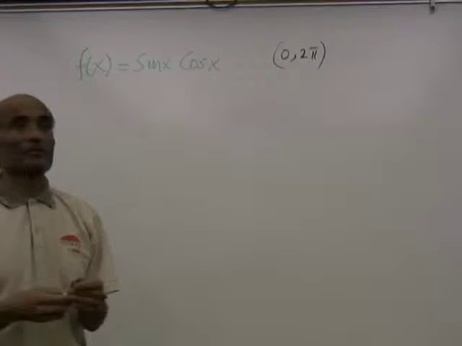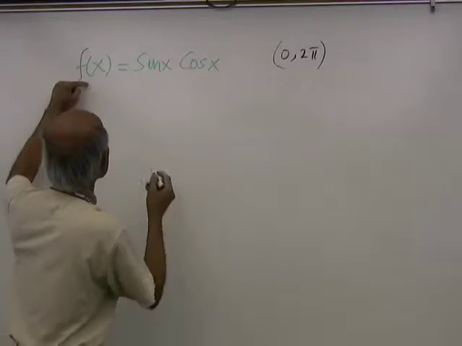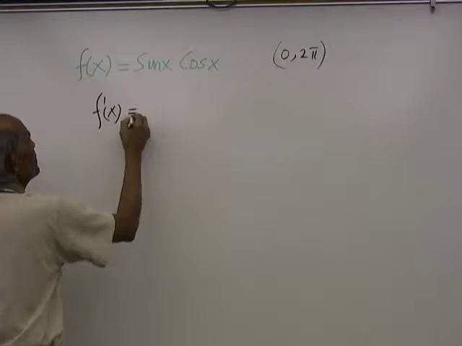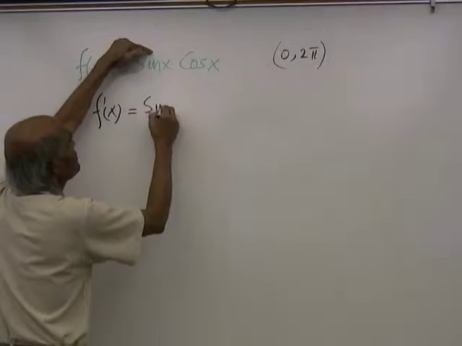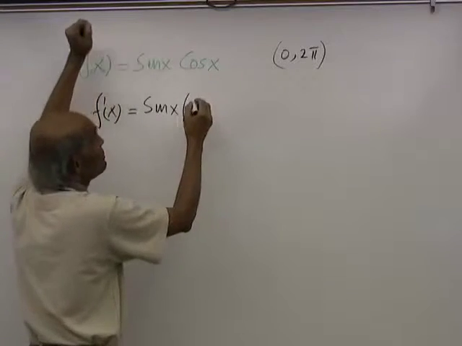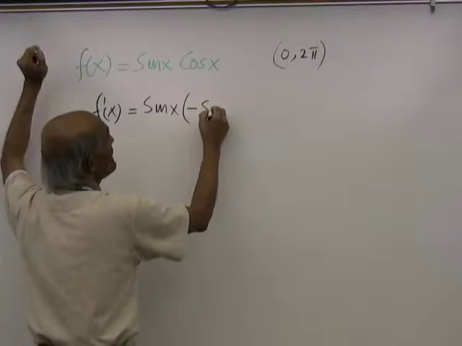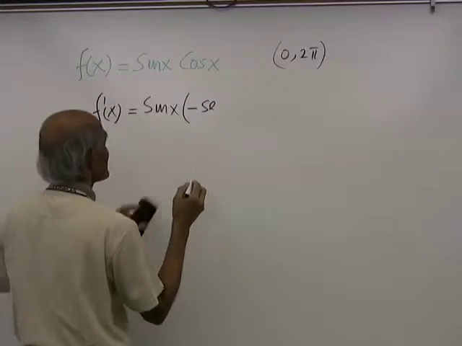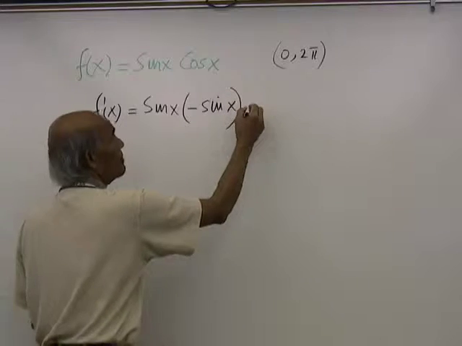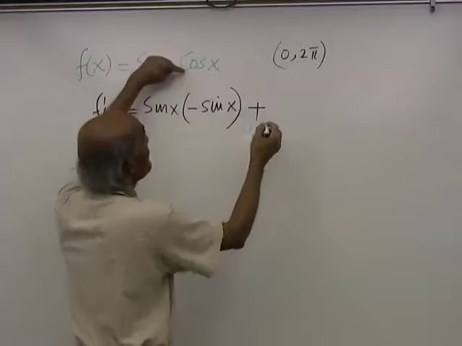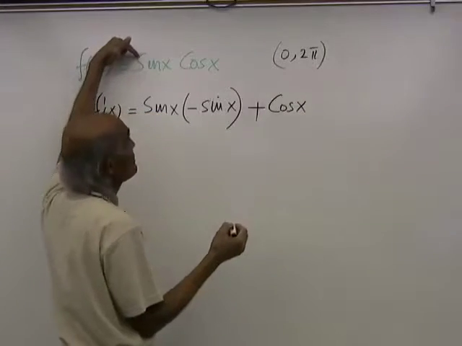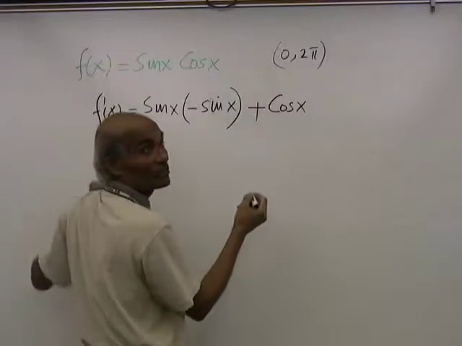Now, first of all, help me find the derivative of this. F prime of x equal to, first function is sine x times the derivative of the second function. Derivative of cos x is negative sine x, plus the second function, that is cos x, times the derivative of the first function.